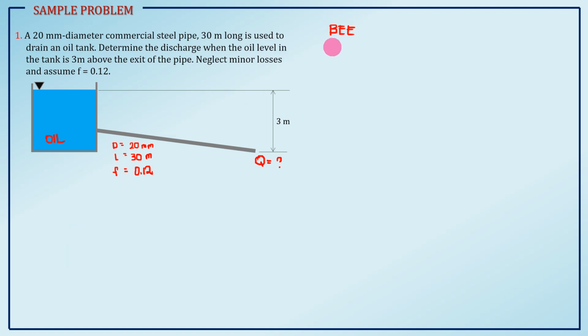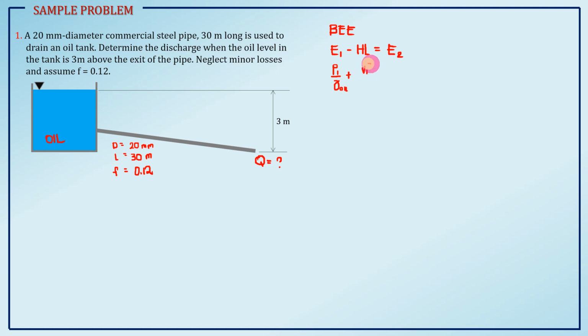From BEE, we have this equation: E1 minus HL equals E2. So, we're considering head loss here. E1 is equal to your pressure head, P1 over gamma. Take note your unit weight there is for oil, because oil is what flows here.